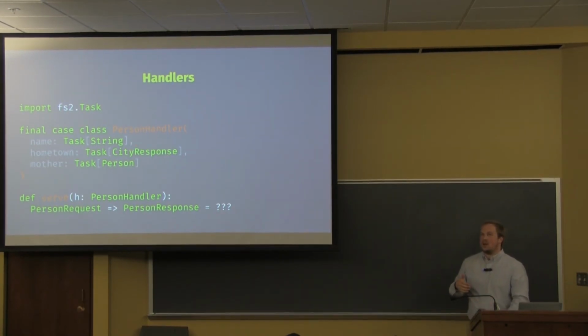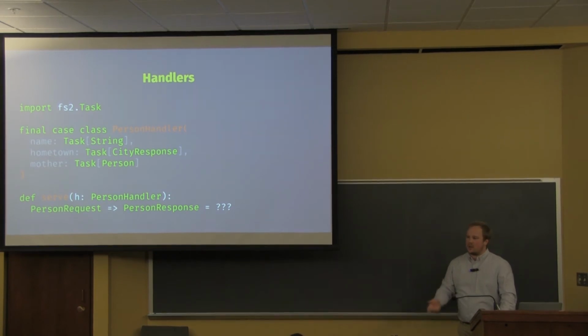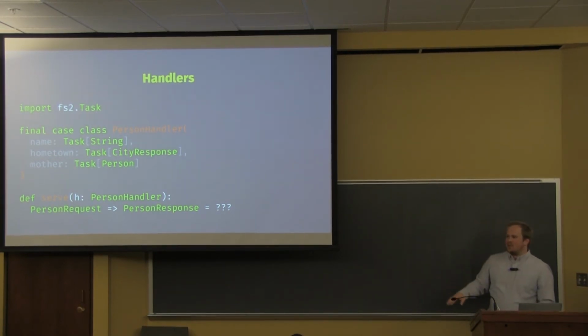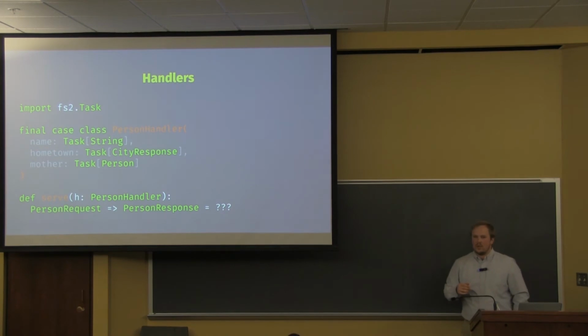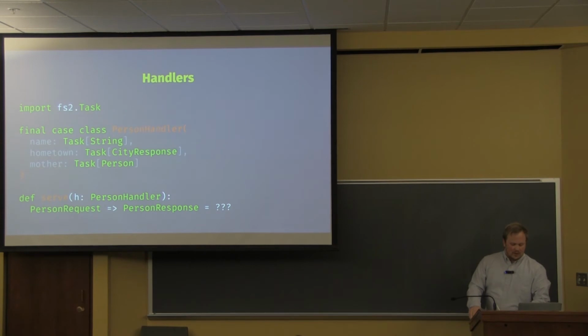You've got enough information to make parallel lookups, for instance. So it's kind of up to you the way that you want to do that, but I'm just saying that this would be enough information to construct the responses if you needed to. So these are handlers, what I'm calling handlers. They're the server-side implementation of this API.